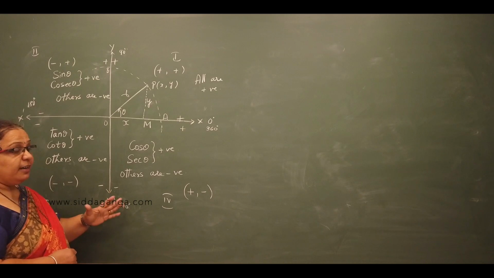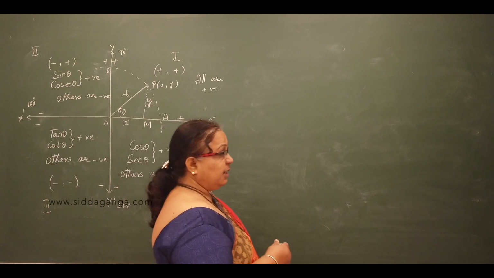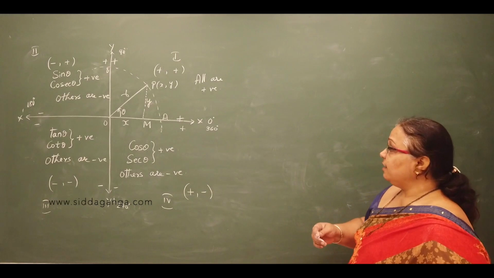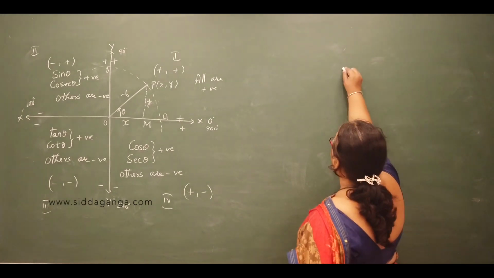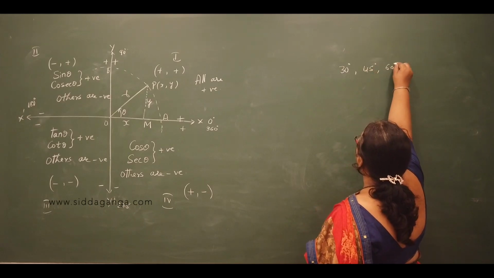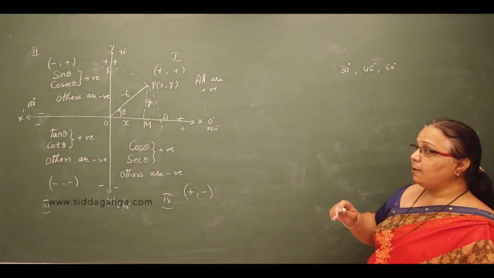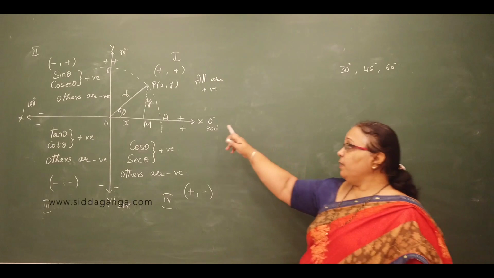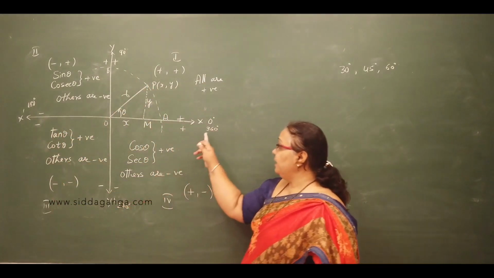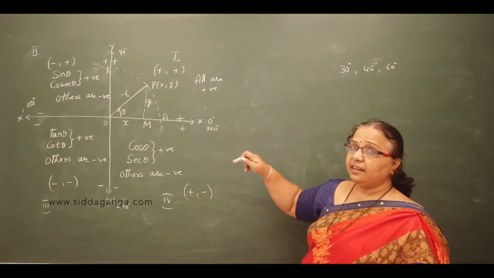Now after the quadrant rule, we know the values of the standard angles. Here the standard angles are 30 degree, 45 degree and 60 degree. While 0 degree, 90 degree, 180 degree, 270 degree and 360 degree are called quadrant angles.